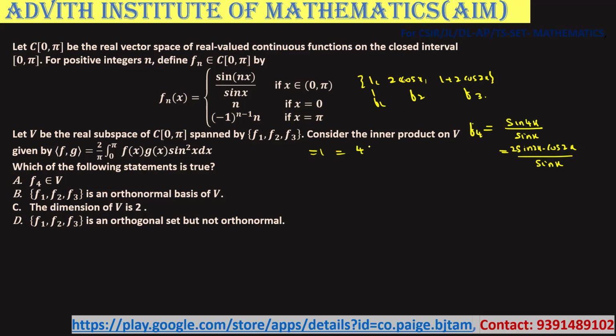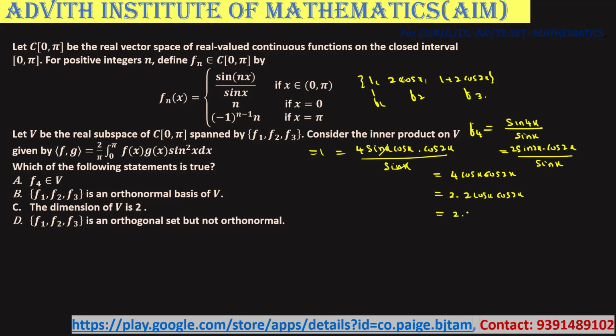So 4 into sin x cos x into cos 2x by sin x. Sin x getting cancels, then you will get 4 cos x into cos 2x. Then 2 into 2 cos x cos 2x రాయొచ్చుగా.